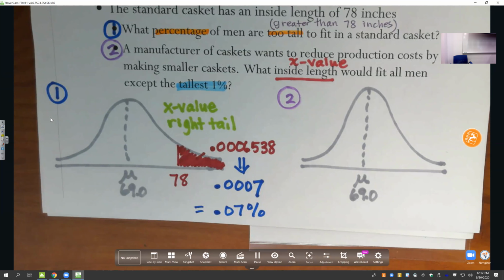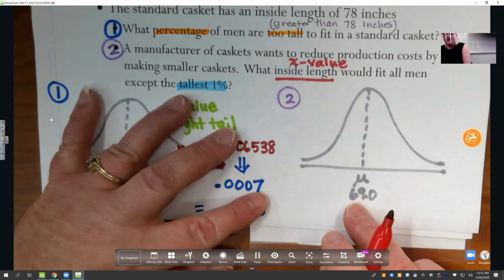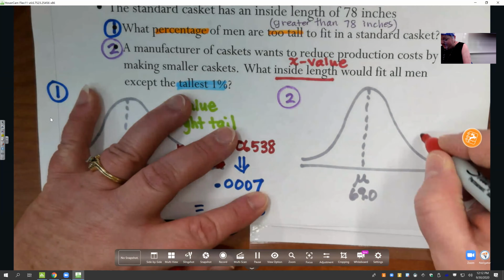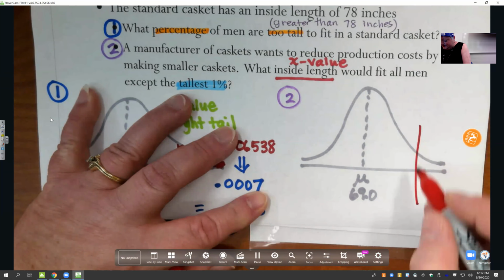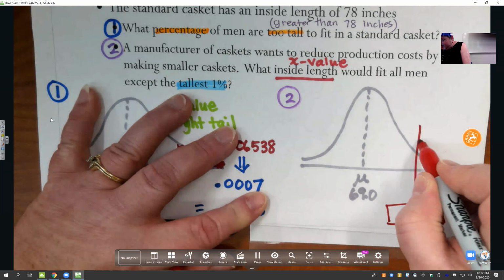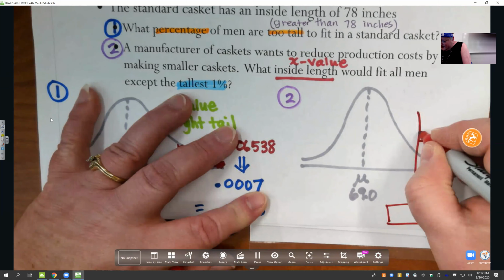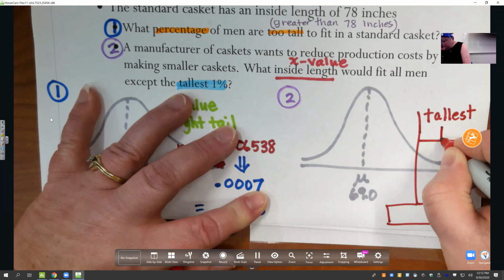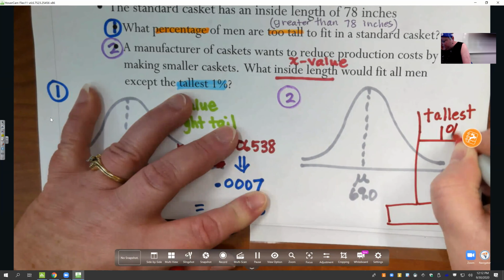If they're tall, it's going to be on the right. Okay? Because if they're tall or tallest, they're going to be taller than the average. So it should be over here on the right. Okay, so we're going to cut off or exclude the tallest 1%. Now 1% is 0.01, be careful.